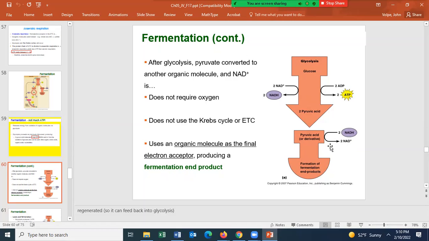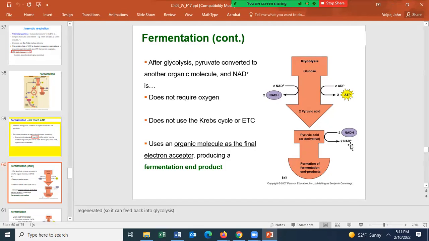Why would the cell use up NADH to undergo fermentation if the cell could store that NADH and then put it through aerobic respiration? Because you generate more ATP with aerobic respiration than you do with fermentation. Anybody have a guess? You're actually seeing it right here.